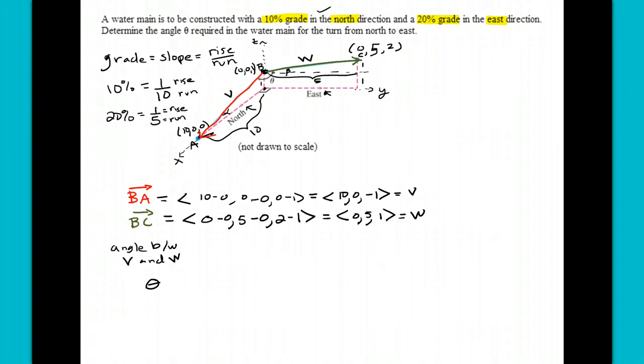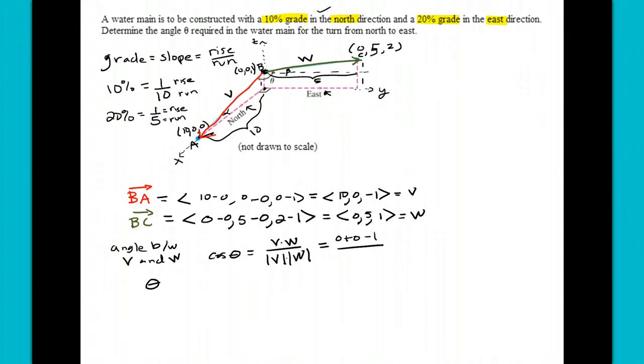Okay, we have a formula. The cosine of theta is the dot product between the vectors divided by the product of their magnitudes. So, the dot product will be just multiplying components and adding to get a number. That number would be 0 plus 0 minus 1.